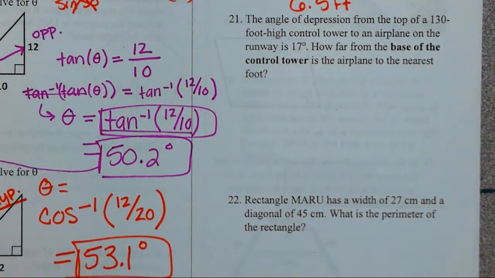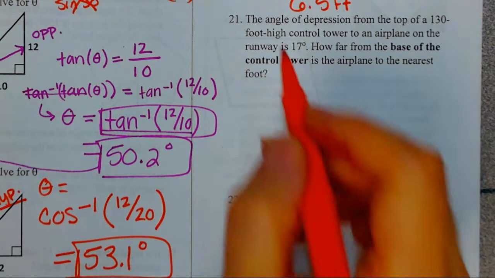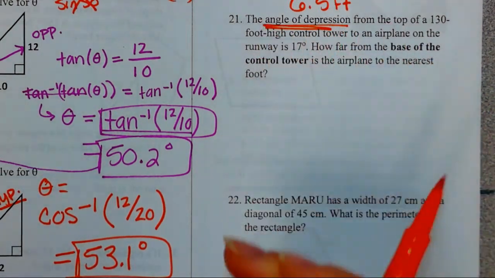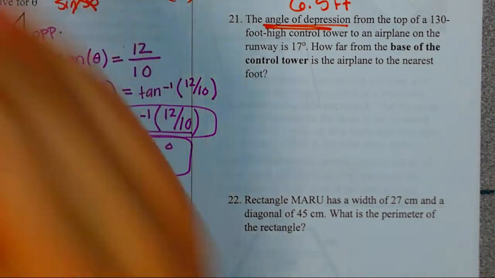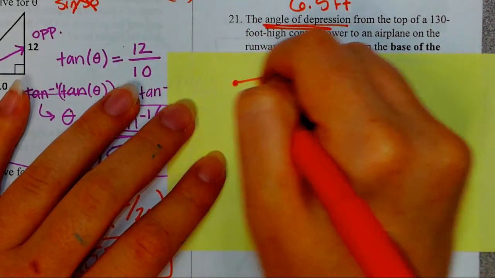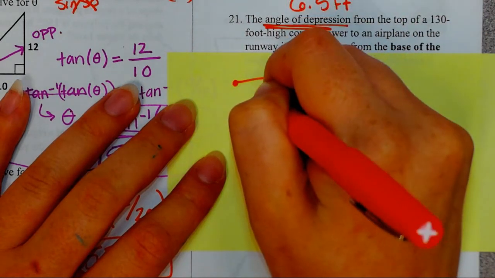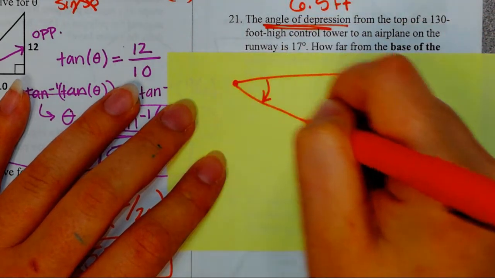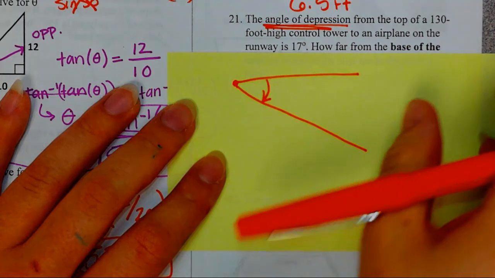The angle of depression from the top of a 130-foot control tower to an airplane on the runway is 17 degrees. How far from the base of the control tower is the airplane to the nearest foot? Okay. Angles of depression are when you have a horizontal line of sight and you go down a certain amount of degrees from that horizontal line of sight.